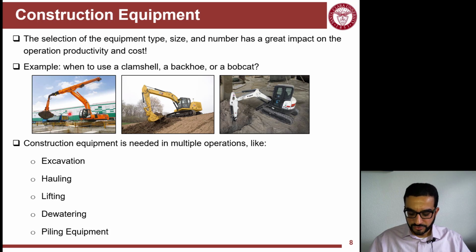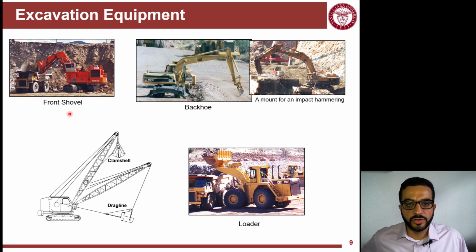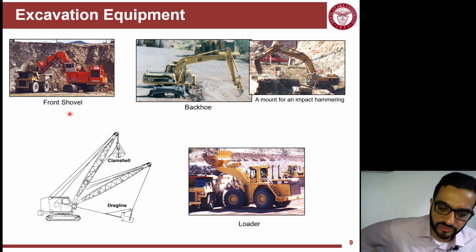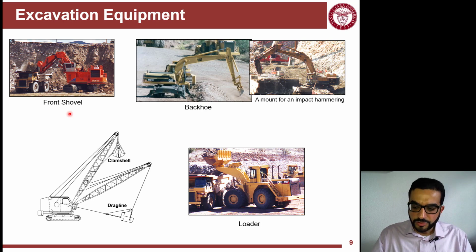So we'll cover here some example equipment for some of the main construction operations that you would see on any typical site. The first thing here is excavation. Excavation is done by different equipment. Some of them are very common, some of them are not that much. The front shovel is used in excavation for big, huge excavation jobs, like earthwork and dams, but it's mostly used in mining.